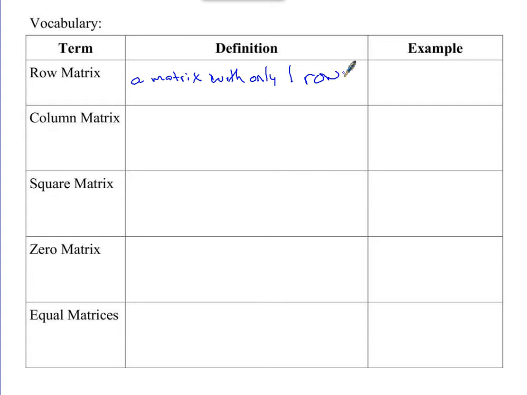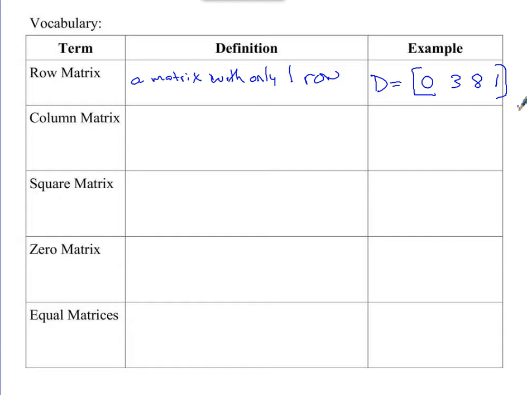For example, maybe I have the matrix D equals 0, 3, 8, 1. Notice that we have only one row. There's 4 columns, but there's only one row. That's a row matrix. A column matrix, then, is probably what?